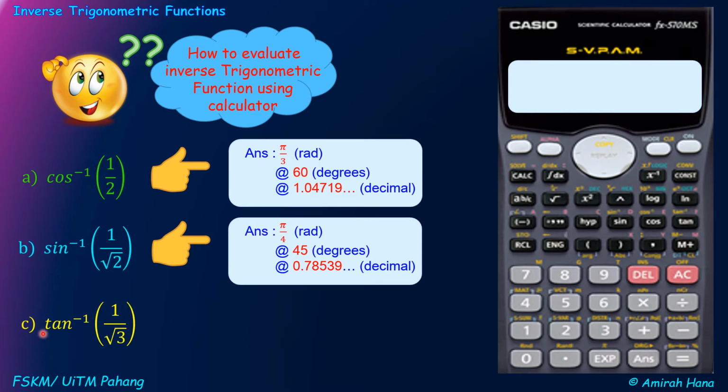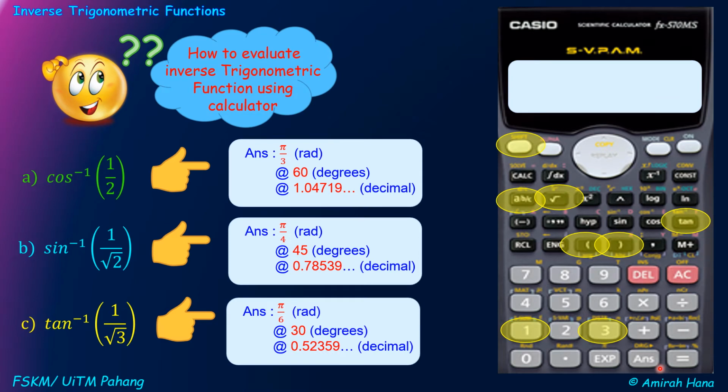How to evaluate inverse tangent 1 over sec 3? First, we press shift tangent for inverse tangent, and then open bracket 1, and then over sec 3. Then equal to. This is the final answer.